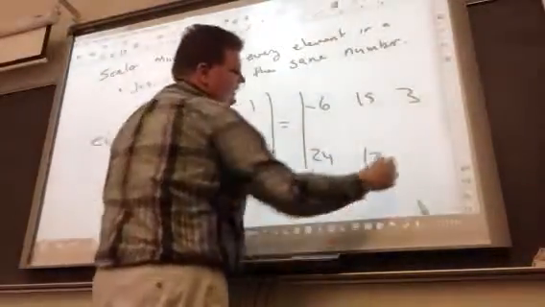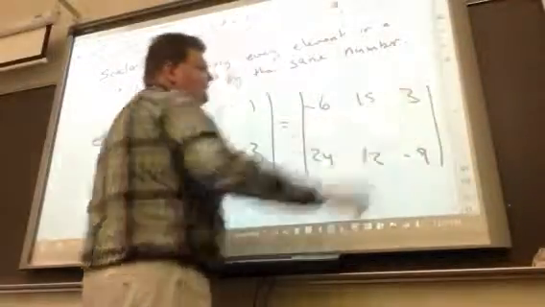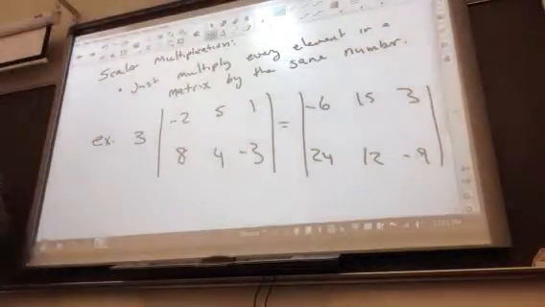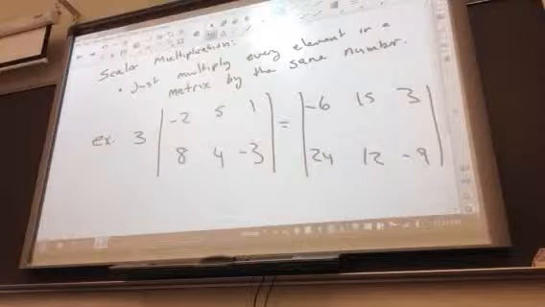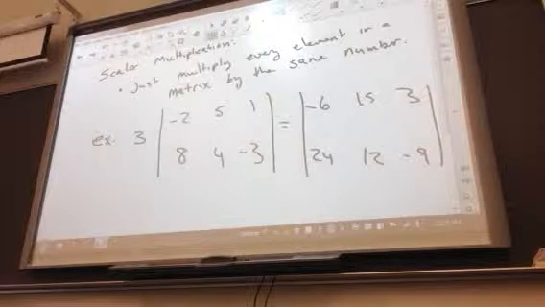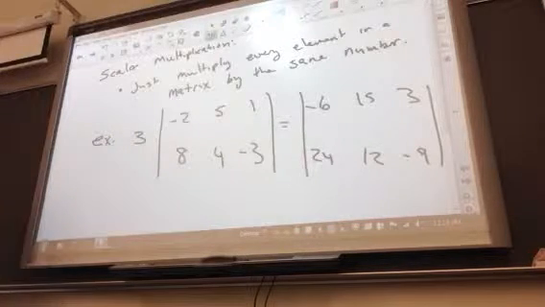And then 3 times -3, -9. That's it. That's all there is to scalar multiplication. Scalar multiplication doesn't care about order. The only thing that matters is you're taking that constant and multiplying through. Any problems there? Alright, good. So it's a very easy, simple process.